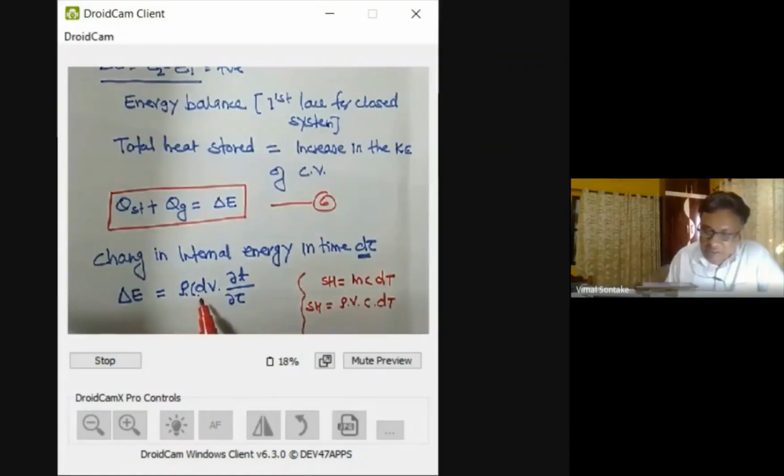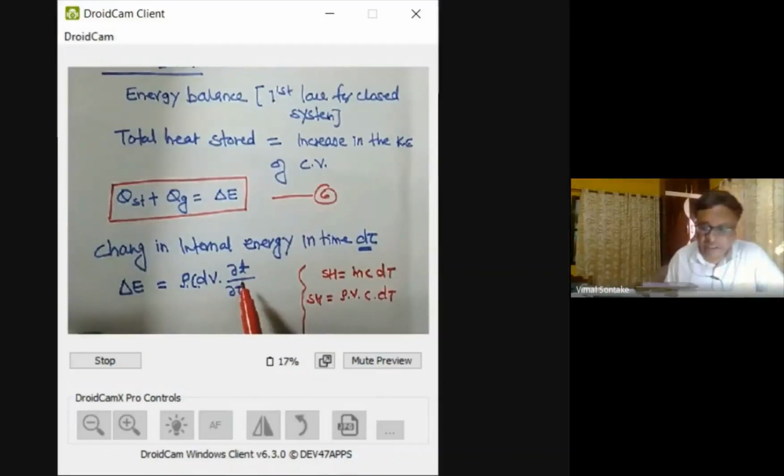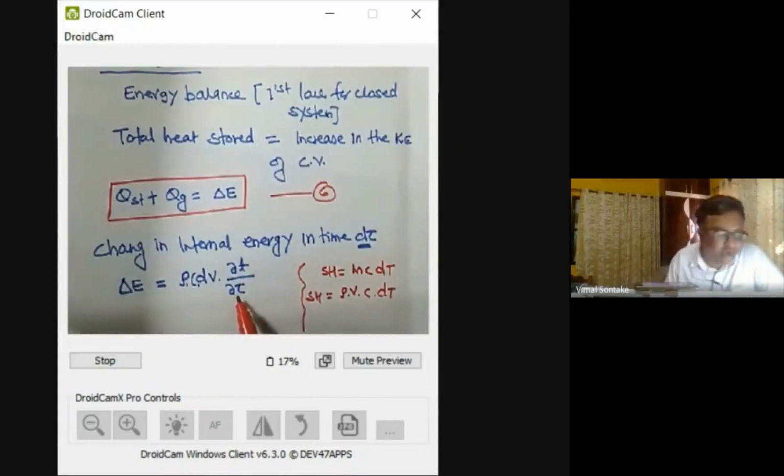We are considering a small elemental volume, so I have written dV into C, and del T is the temperature difference. And I am considering this rate of change of internal energy in time duration d tau. Okay, so this is the rate of change of internal energy with respect to time d tau.